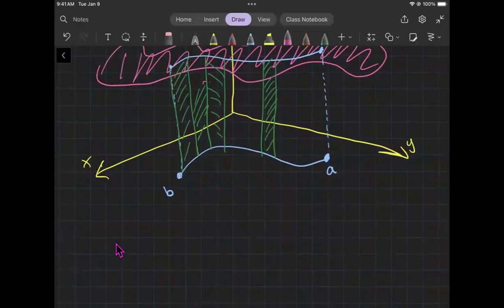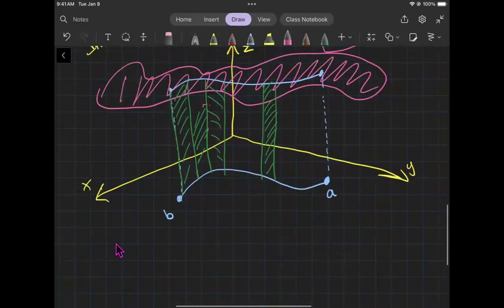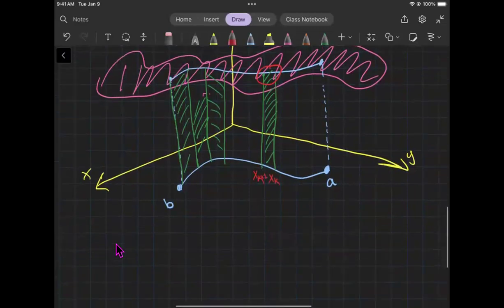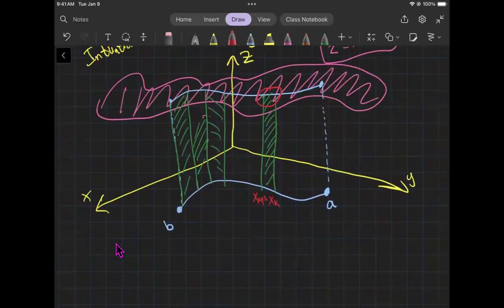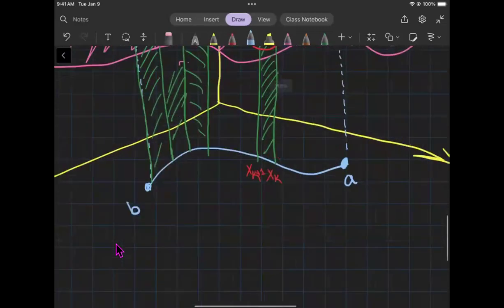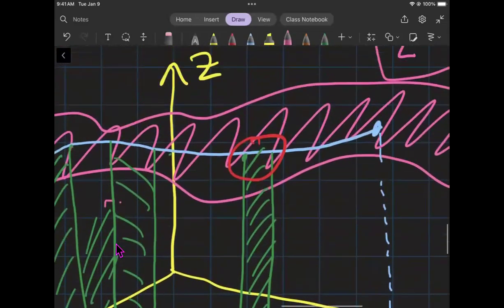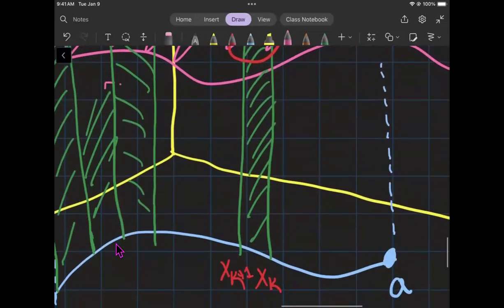Okay, so if I look at a particular segment of this curtain, let's say here, if I label this as t sub k plus 1 and t sub k here. So if I look at a particular segment of this curve, really what we have here is the height of this rectangular segment.